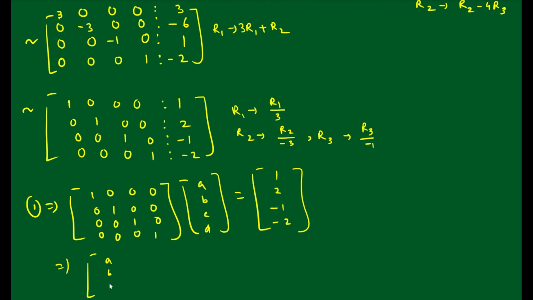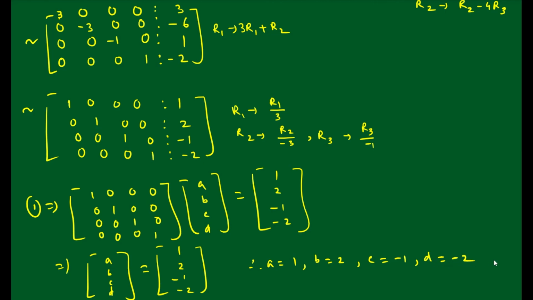This will become a, b, c, d, and then 1, 2, -1, -2. Okay, so compare करने के बाद क्या आएगा? a equals 1, then our b equals 2, c equals -1, and d equals -2. So this is our final answer.